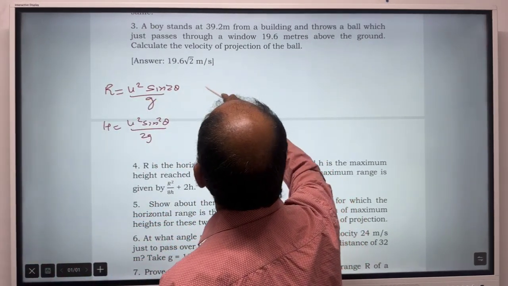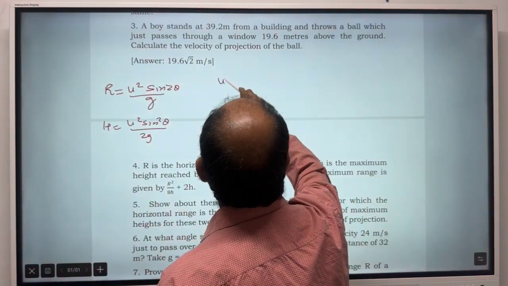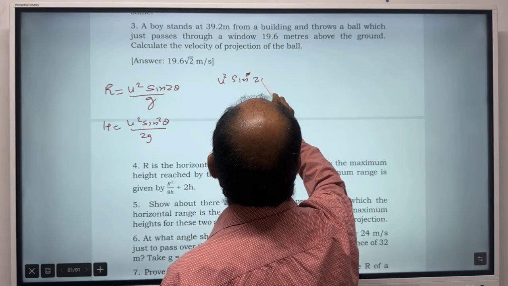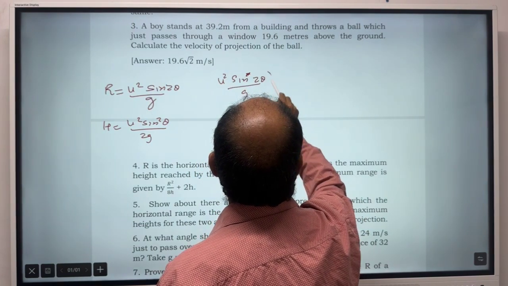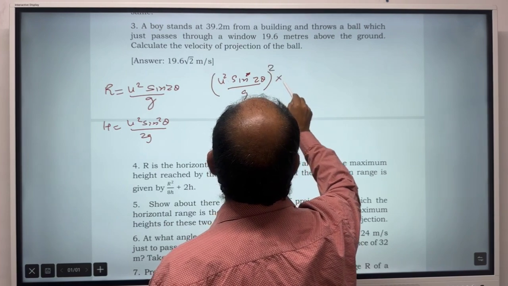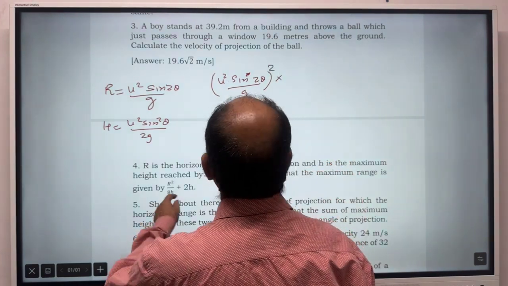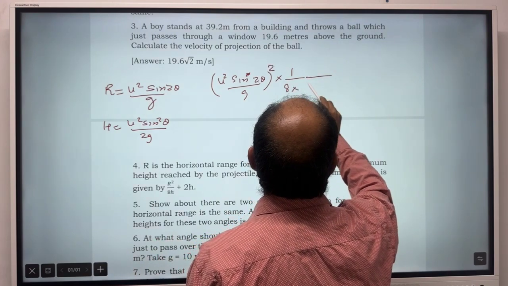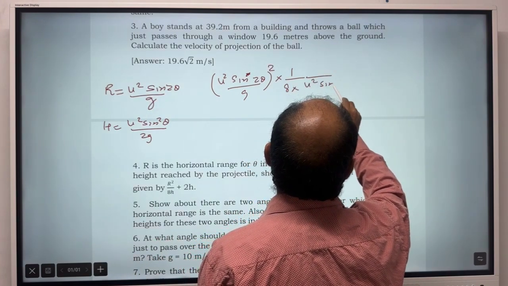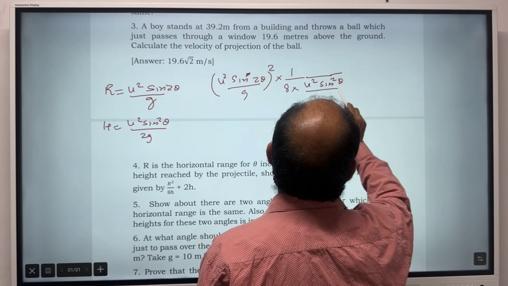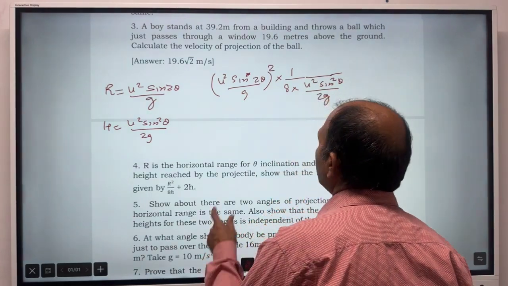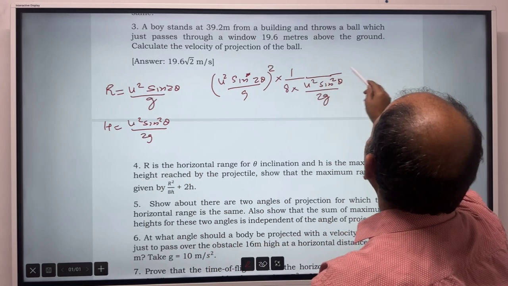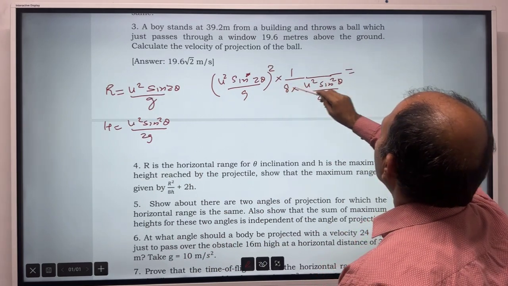R square, that is u square sine 2 theta upon g whole square, multiplied by 8h, 1 upon 8 times h is u square sine square theta divided by 2g. I am doing a separate calculation. After that I will add 2h so that things remain simple.